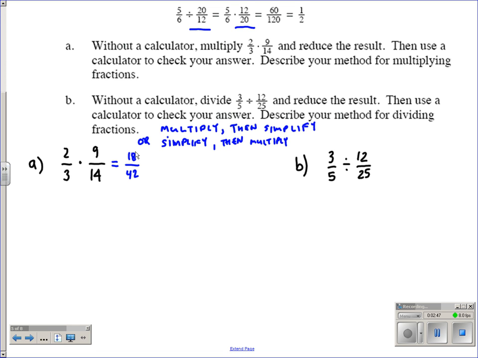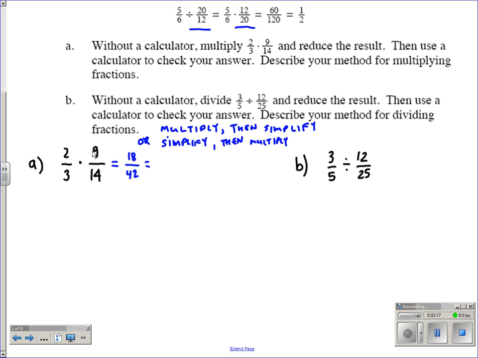Now we have to ask ourselves, is this fraction simplified, or are there factors within 18 and 42 that will reduce? Always look at the last two numbers first. We've got an 8 and a 2, so those are both even numbers, so we know for a fact that at least 2 goes into each of these numbers. You can do it step by step if you want. How many times does 2 go into 18?